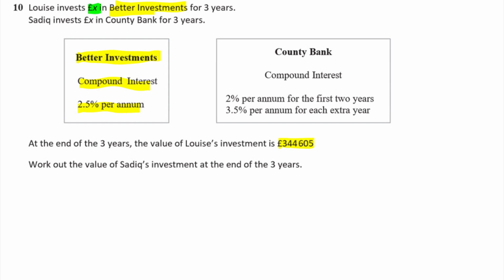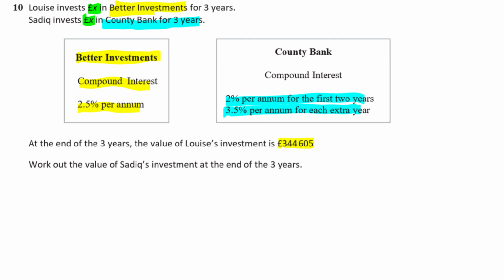Once we know the X value, we know that's the same as the X value that Sadiq invested. He invested his in County Bank for 3 years, so then we can use this information over here to work out how much he had at the end of the 3 years. Does that make sense? Okay, I hope so, because that's what we're going to do.